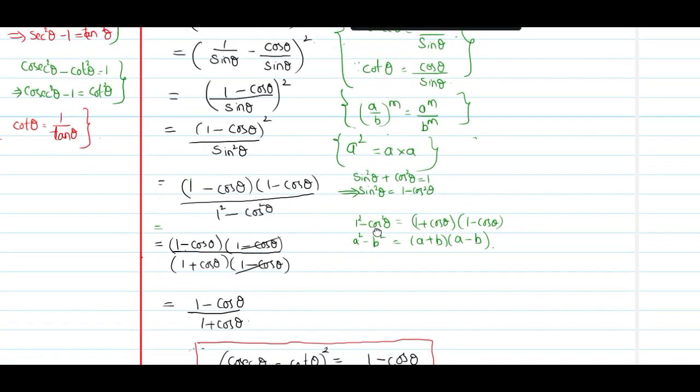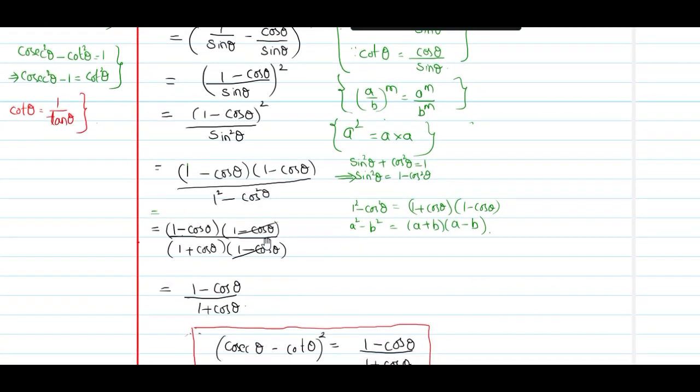So, we are writing the denominator 1 square minus cos square theta as 1 plus cos theta into 1 minus cos theta, because we have the same term both in the numerator and denominator, and the operation between them is multiplication. So, we can cancel this. We are left with 1 minus cos theta by 1 plus cos theta.